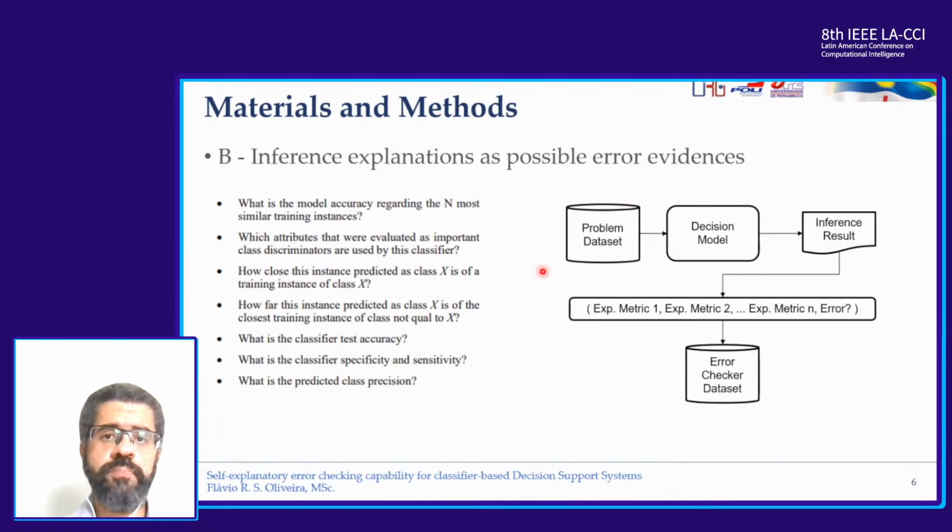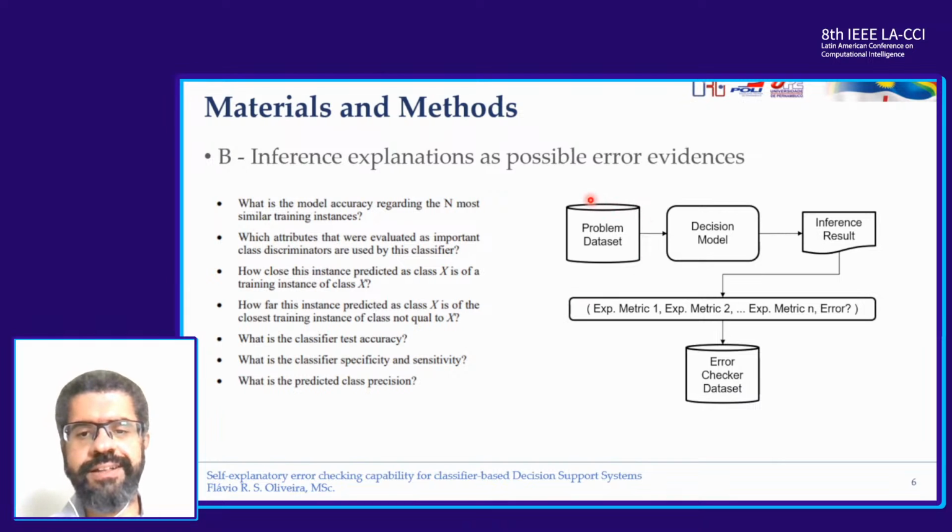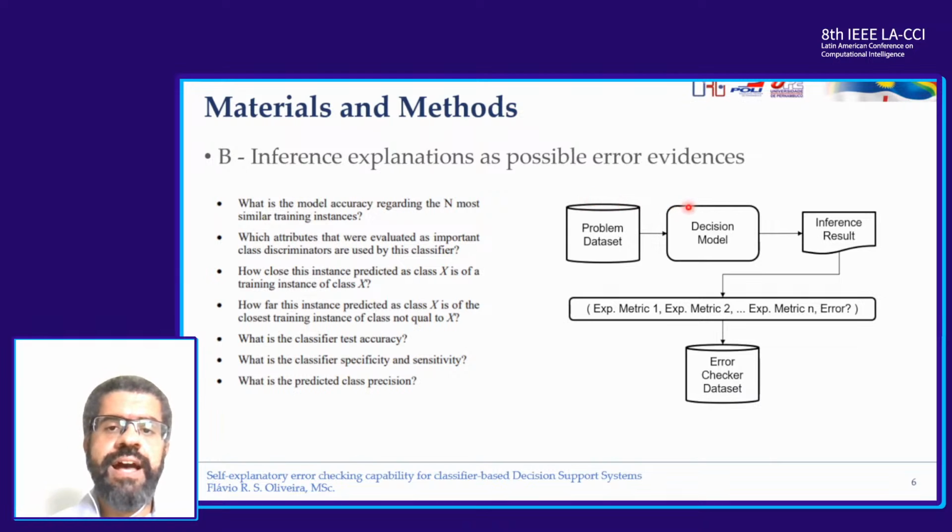So we start with a problem data set, for example, any data set used for classification, for example, the iris data set. After that, we submit these attributes and, of course, the patterns for decision models, and the inference will be checked to form these tuples here. And what is supposed to be put in these tuples?